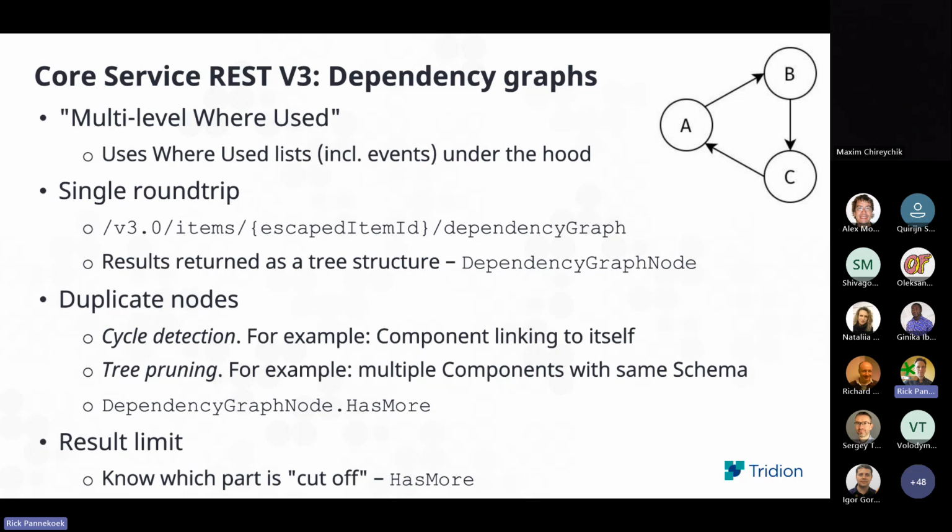And we return the results as a tree structure. So you really can see in the results if it is a direct dependency or indirect dependency, and on which thing. If you say I just want to show a flat list to my user, you can do that. Of course, you can flatten that list.